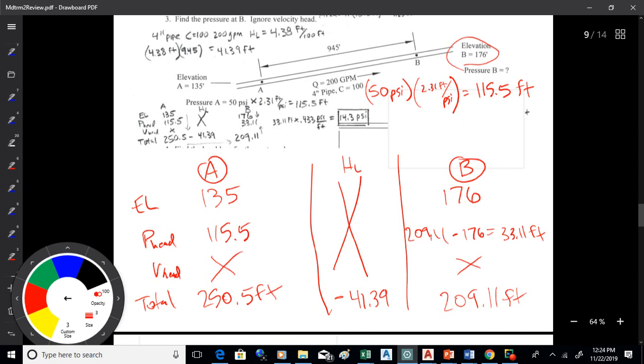That's the pressure head at B. So if you've got 33.11 feet of pressure head, we know that there's 0.433 psi per foot. We can get that converted into pressure, and that's 14.3 psi.